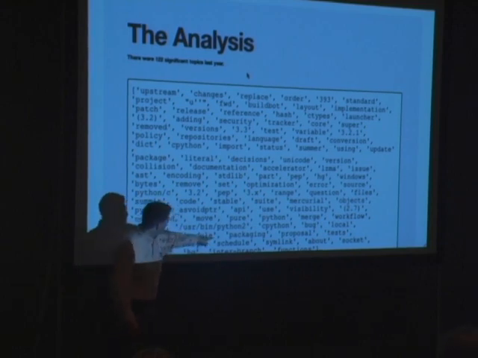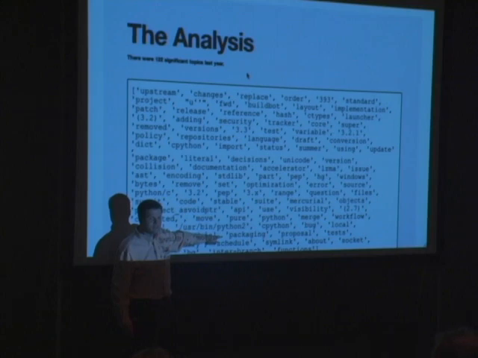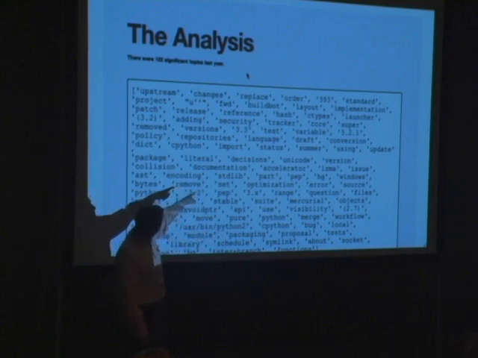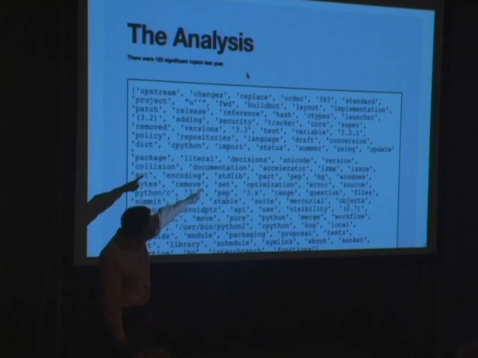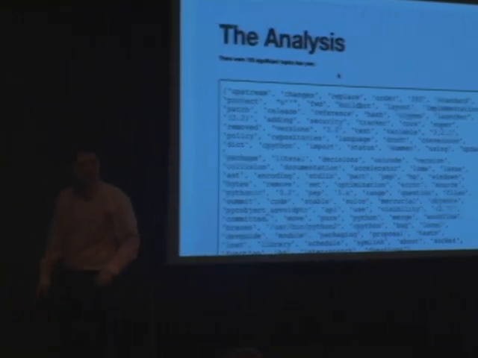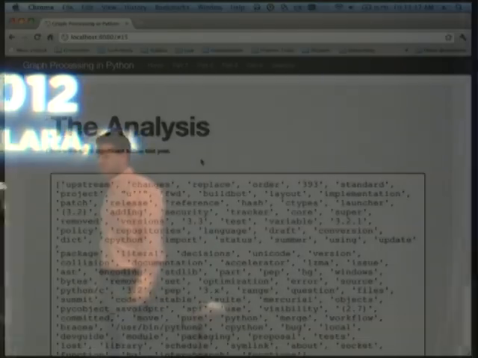Packaging was a subject of some discussion. You had a lot of discussion about what goes into the standard lib. You had C types. You had PEP 393. All these sorts of things were major topics of discussion over the past year.